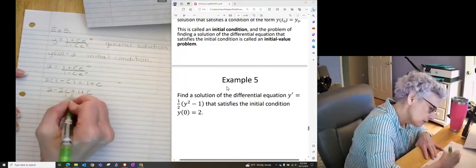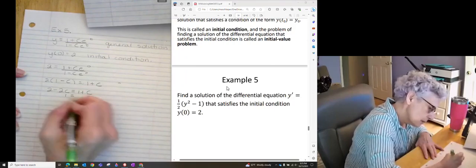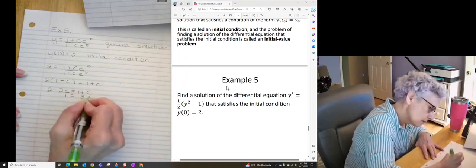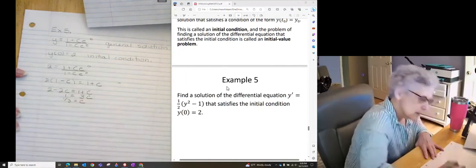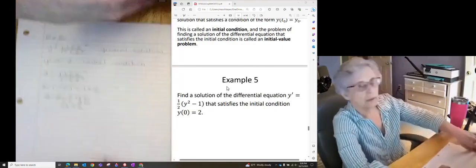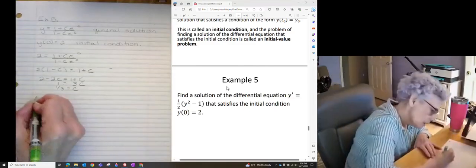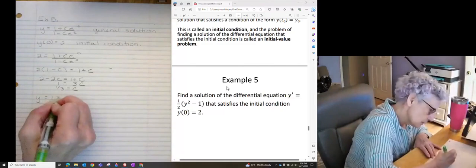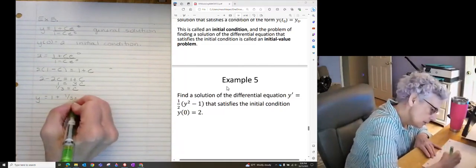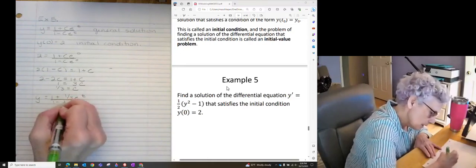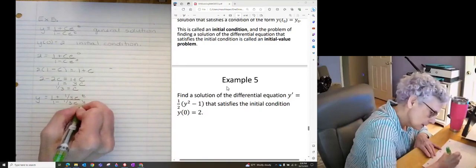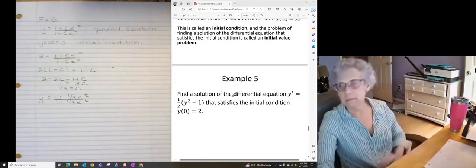So 2 minus 1 is 1, and that's equal to 3c. So c is equal to 1/3. So y is equal to 1 plus 1/3 e to the t over 1 minus 1/3 e to the t.